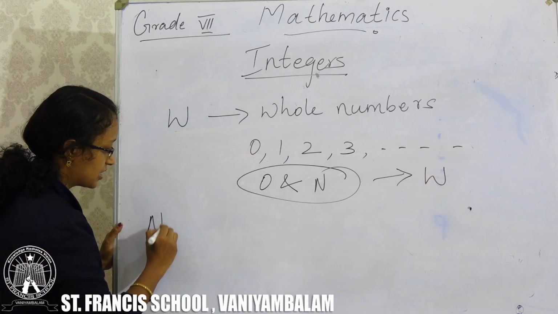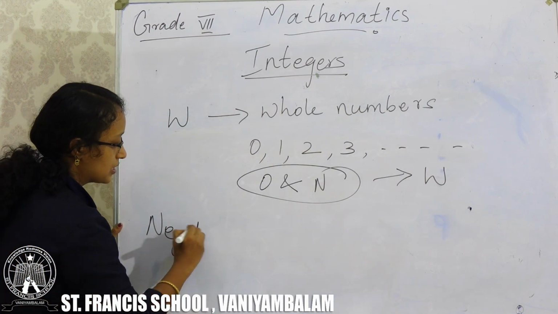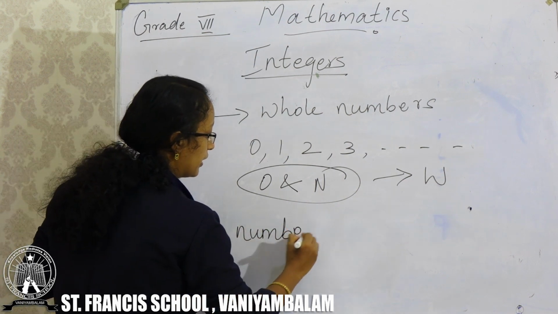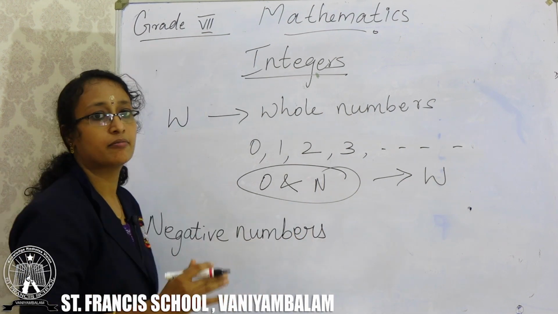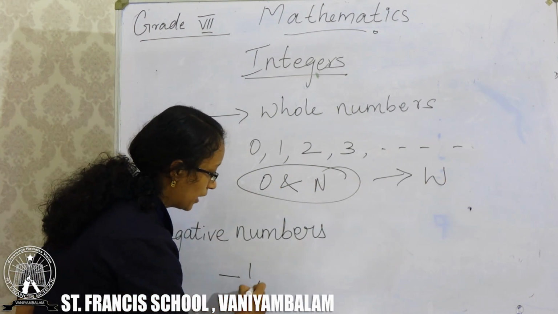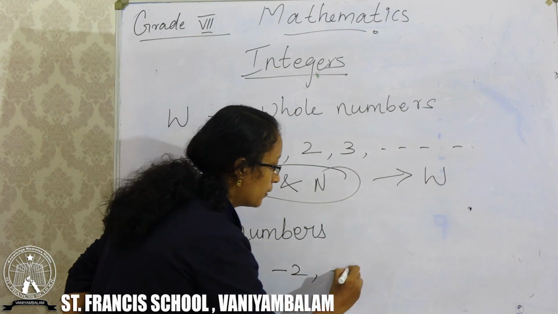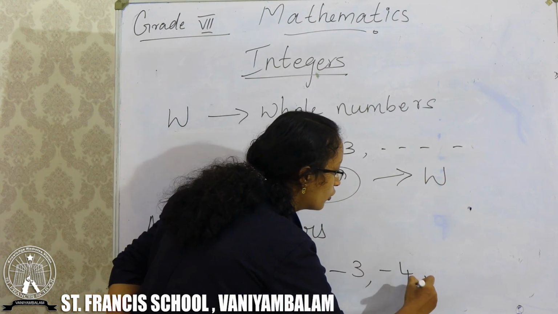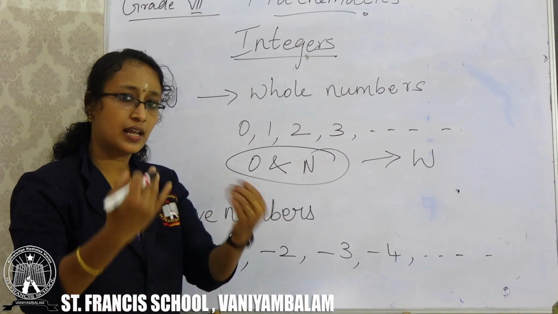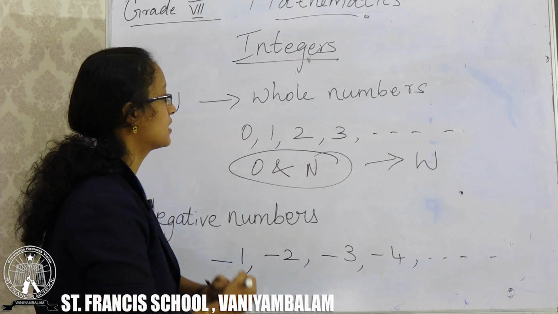Okay. Next, what are negative numbers? Negative means subtraction sign. So -1, -2, -3, -4, these are your negative numbers. So let's start. What are integers?